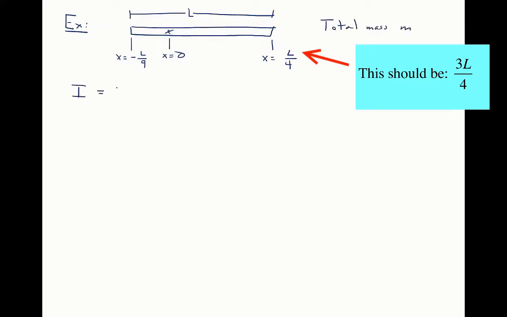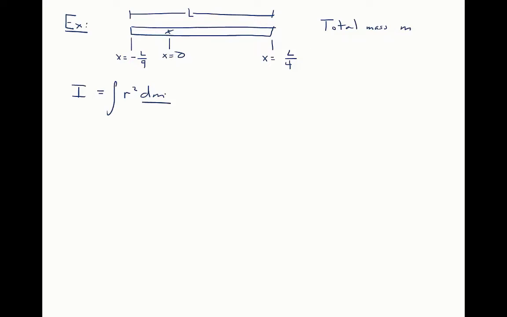Here's our formula we're working with. Well, what exactly is this dm? How can we work with this? We want to end up in coordinates of x because that's what we can integrate over. To cover the entire rod, we need to go from one end of the rod to the other. So instead of r, we're going to go to x.